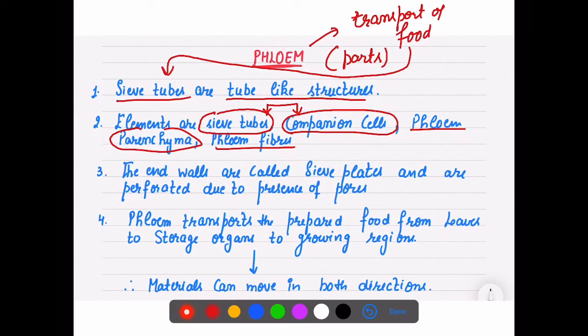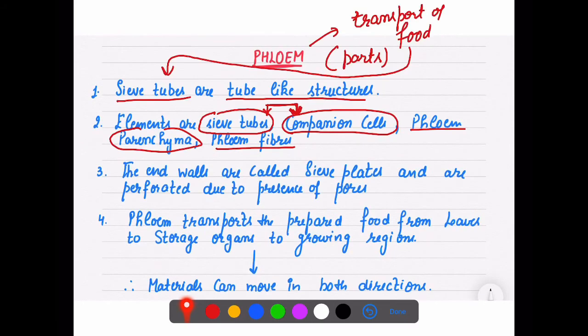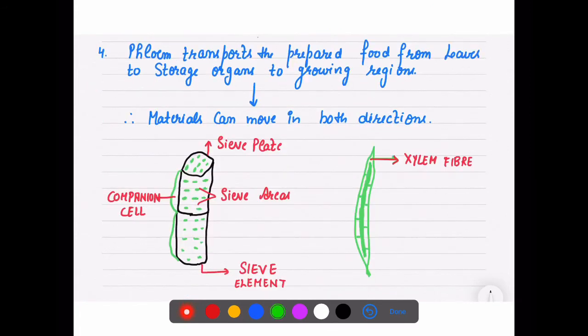First is the sieve tube, and what helps the sieve tubes is the companion cells. Look at these end walls. These end walls of the phloem sieve tube are called the sieve plates. So end walls are called sieve plates, and as you can see, they have some pores.